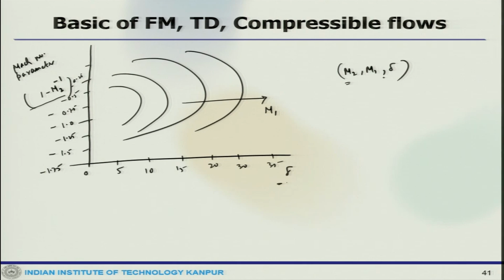Once you find out the Mach number, the rest of the things can be followed very easily. So, that is pretty much what I wanted to touch upon in the discussion on oblique shock. We will stop here and continue on the other portion in the next class.